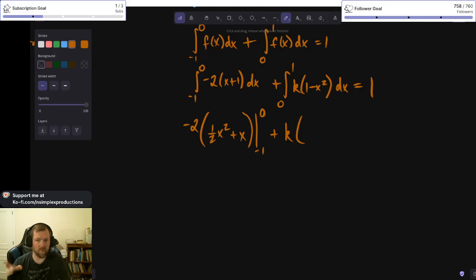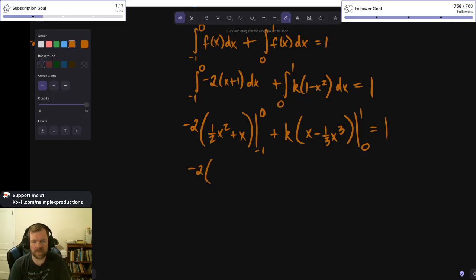And then we're left with 1 minus x squared dx. When we take that integral, that's going to be x minus 1/3 x cubed, evaluated from 0 to 1, is equal to 1.